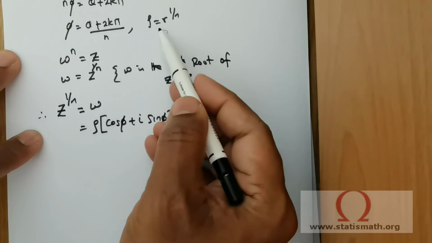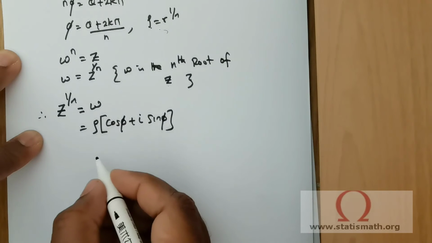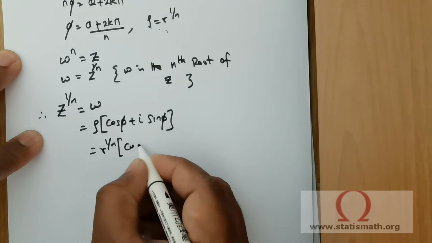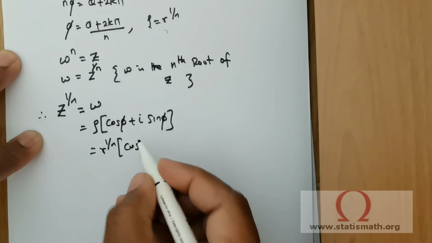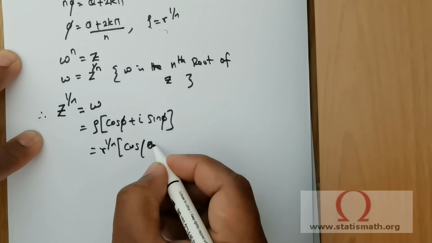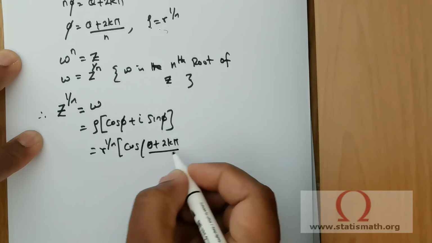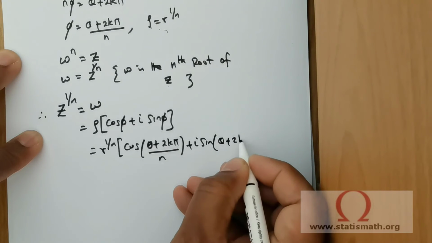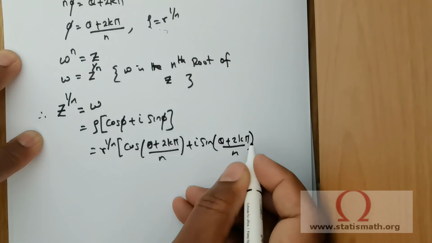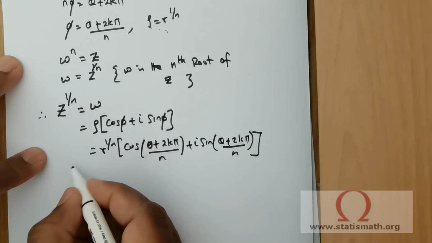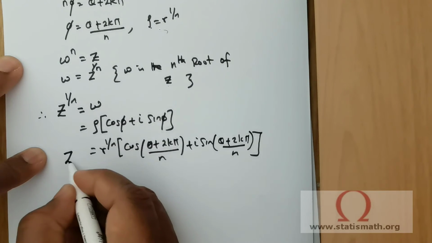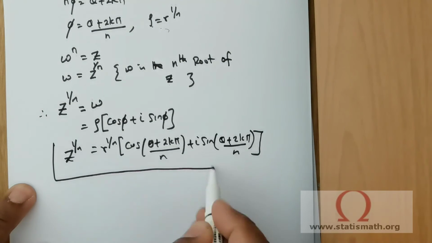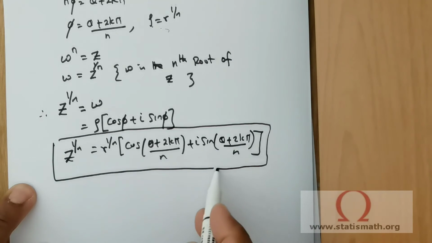Since rho is r raised to the power 1 over n, that's r raised to the power 1 over n of cos of theta plus 2k pi divided by n plus i times sine of theta plus 2k pi divided by n. So on the left we have z raised to the power 1 over n. This is the nth root of the complex number.